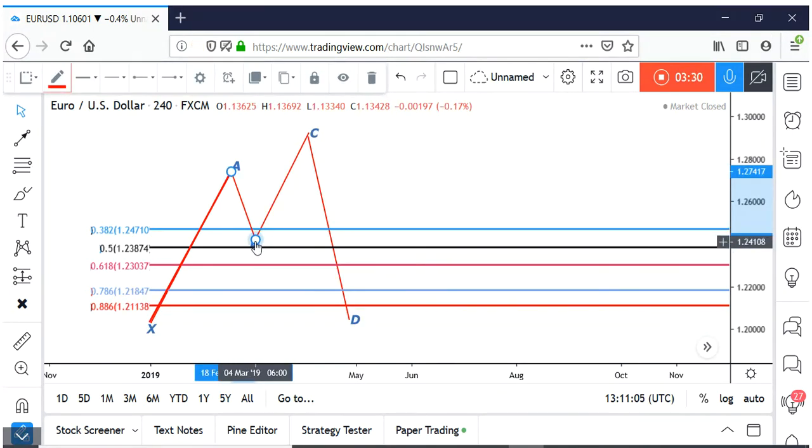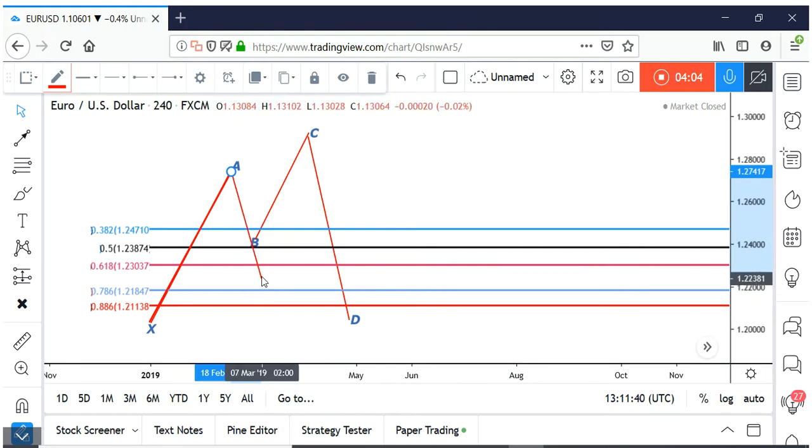This is very important that you understand this. The B has to touch 0.382, or the 0.5, or the 0.618, but must not touch 0.786.